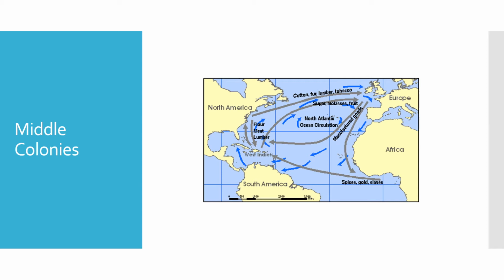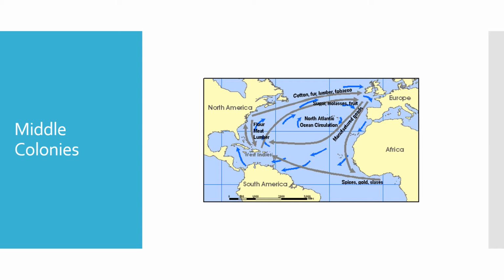Now, let's talk about triangular trade here for a minute. The idea of trading between these areas, that's the whole reason that these colonies are going to be set up to begin with. It's called mercantilism, okay? So what the nations of Europe, and in this case we're talking about England, what England's trying to do with the 13 colonies is they want to make money off of those colonies.